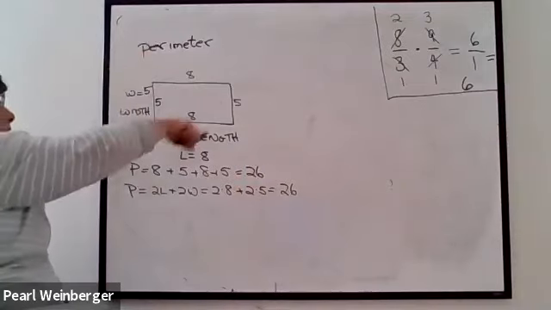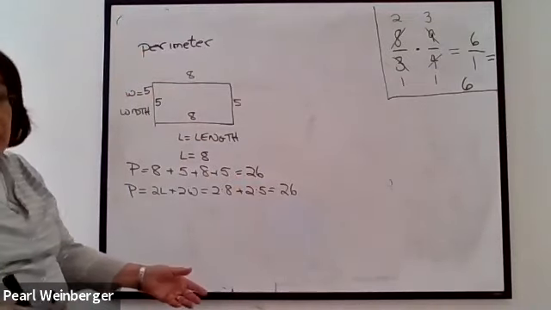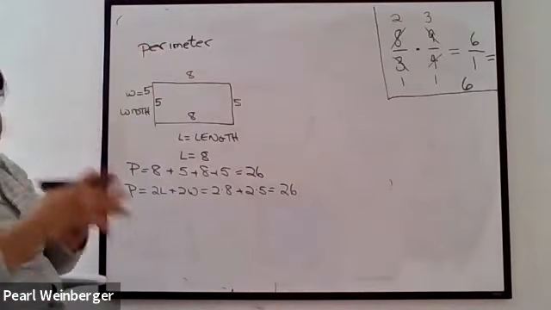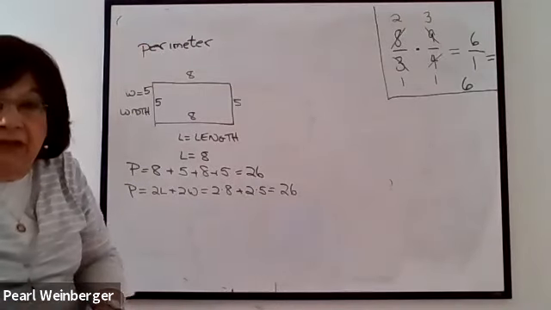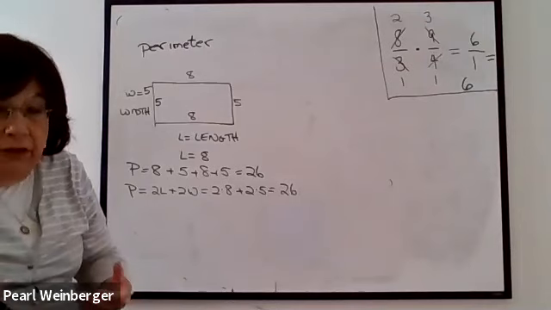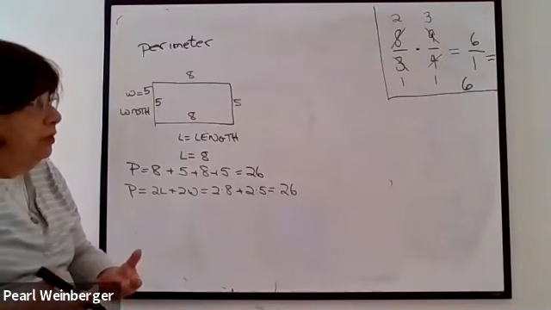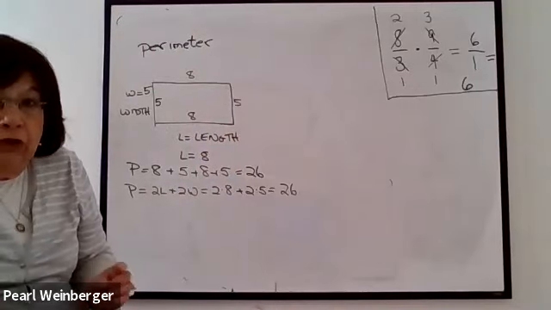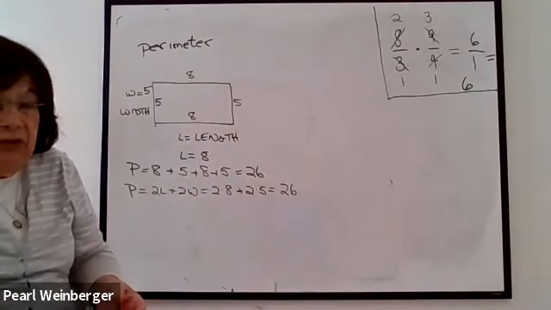So either I could just add all 4 sides together, or I can multiply each of the length and the width by 2 and then add it. We will come up with the same answer, but basically the perimeter is the length all around, how much we need to enclose this figure.